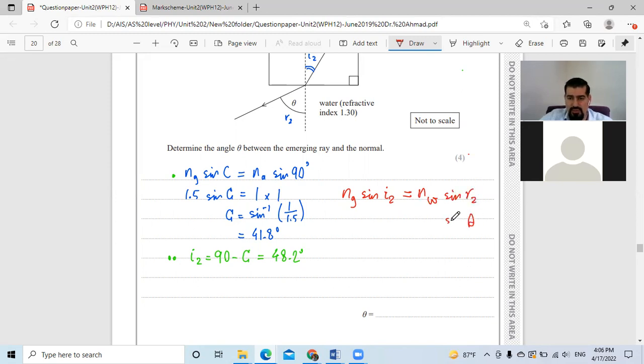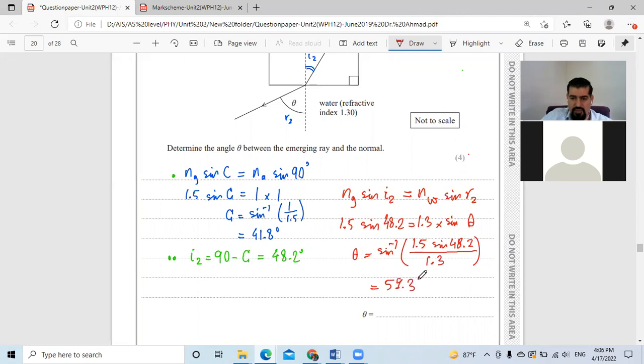So sine theta multiplied by water, which is 1.3, equals N glass, which is 1.5, sine 48.2. By using the calculator, theta equals sine inverse of 1.5 sine 48.2, all divided by 1.3, in brackets. By using the calculator, our answer will be 59.3 degrees. So you can write 59 degrees.